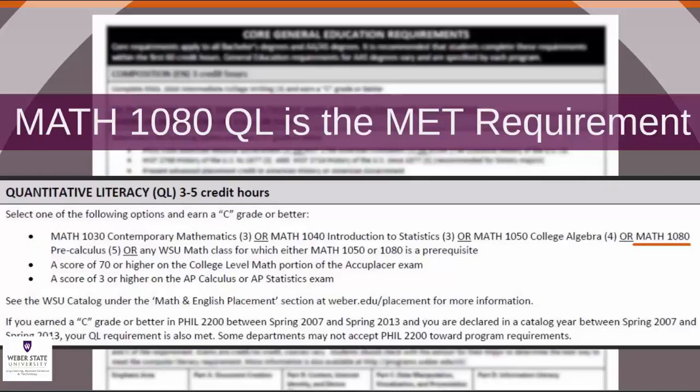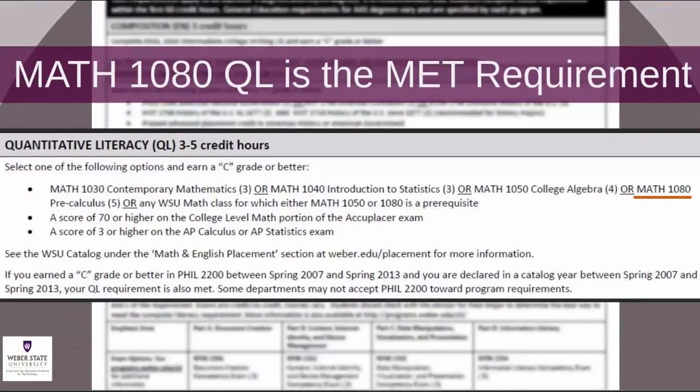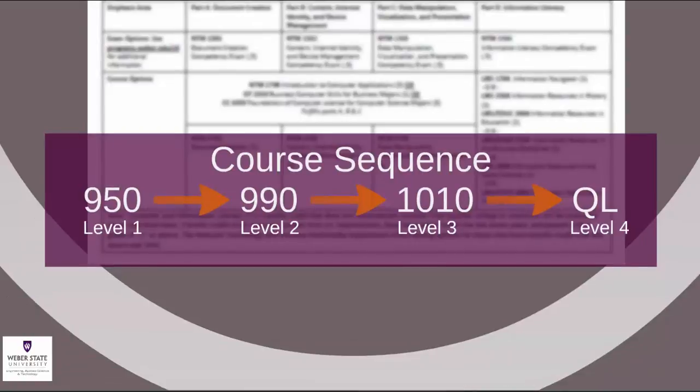As with English, you may need to take prerequisite courses before taking Math 1080, depending on where you were placed in the Math Mastery Exam or ACT in the past 2 years. The Mechanical Engineering Technology math sequence is Math 950, Math 990, Math 1010, Math 1080.